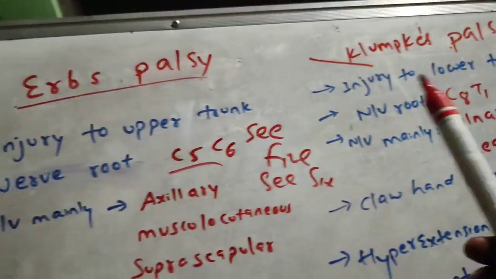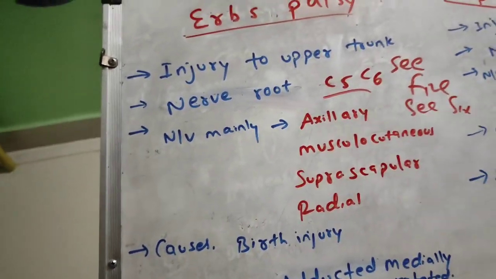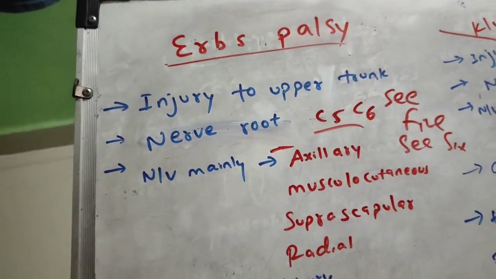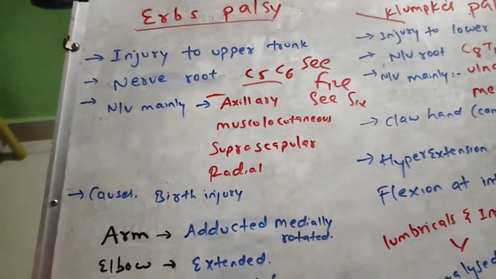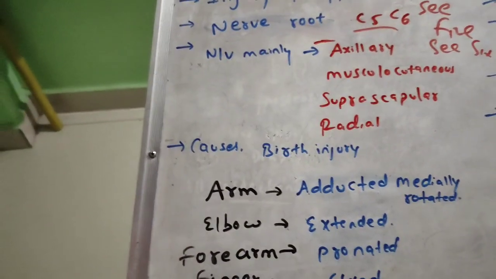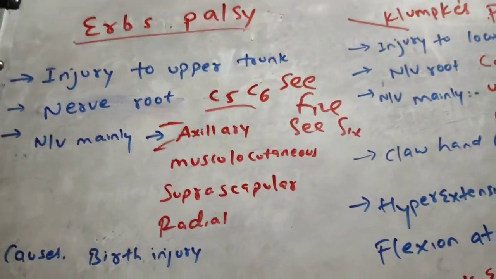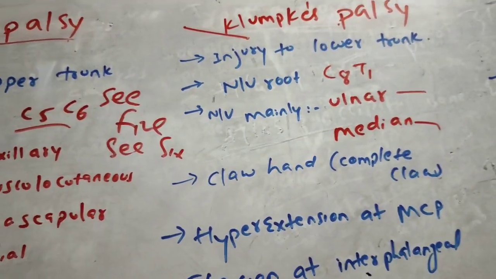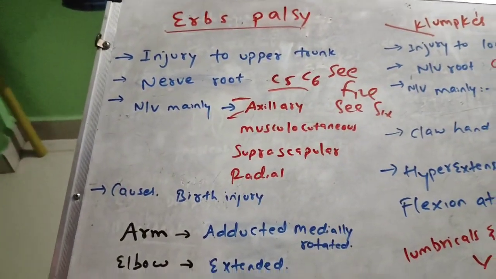Except these, all nerves are involved in Erb's palsy. The most common is the axillary nerve. Next we'll study Klumpke's also. Remember: the most common is the axillary, but all except the ulnar and median are involved here in Erb's palsy.